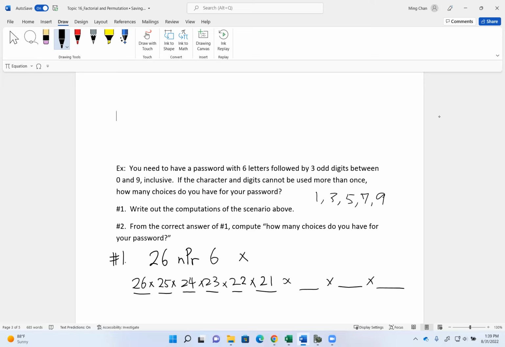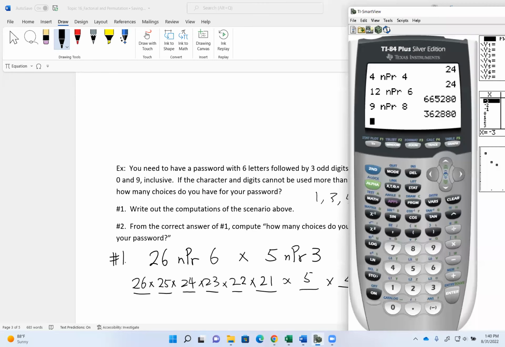When it comes to the 3 digits, the first digit I put, I should have 5 choices, right? 1, 2, 3, 4, 5. Then once I use one of these odd numbers, I cannot use it again. So in the next one, I only have 4. Then for the last odd digit, I have 3 I can choose from, right? So 5 times 4 times 3 is very similar to 5 choosing 3 using permutation, because the order, which number I use first, does matter.